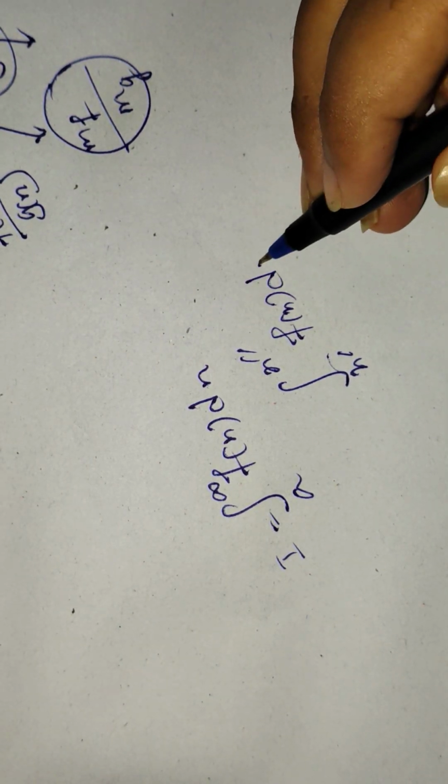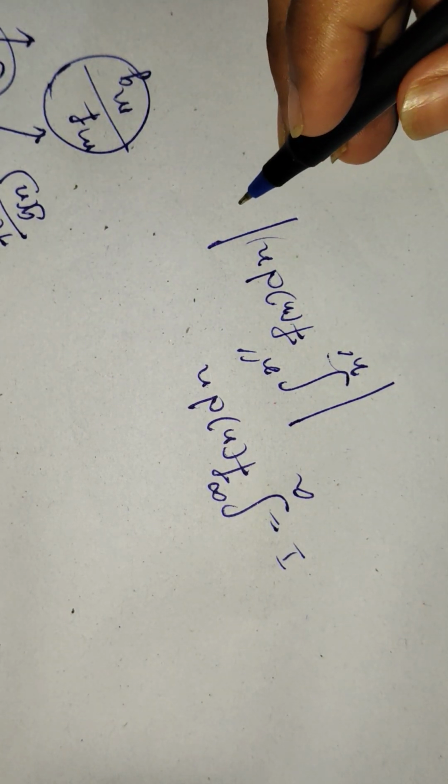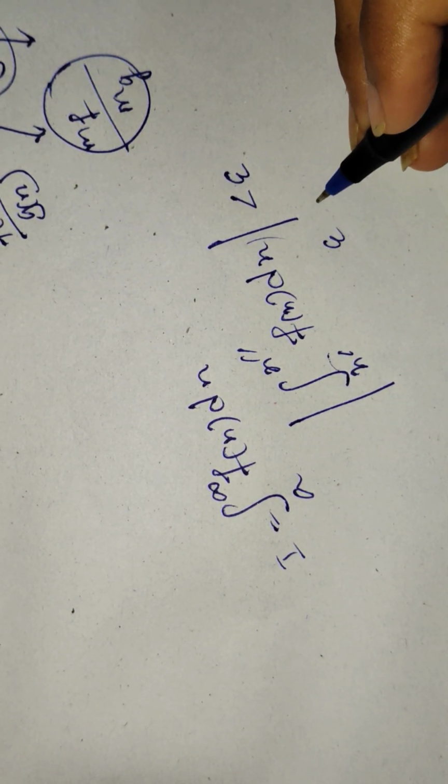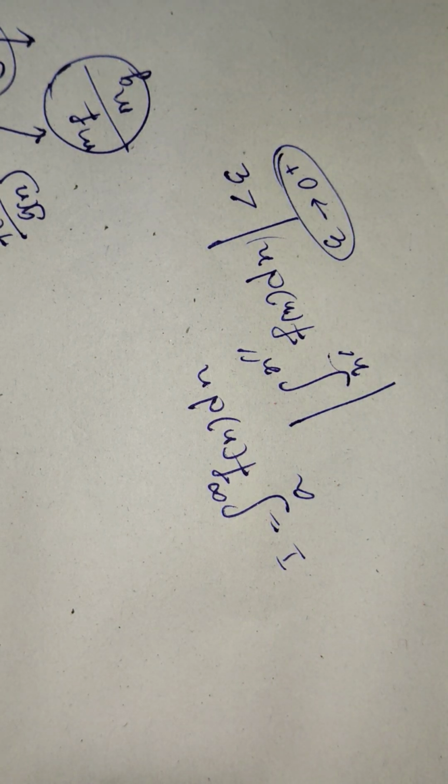The mod of the integral of f(x) dx from x' to x'' is less than epsilon, where epsilon is tending to 0, positive.